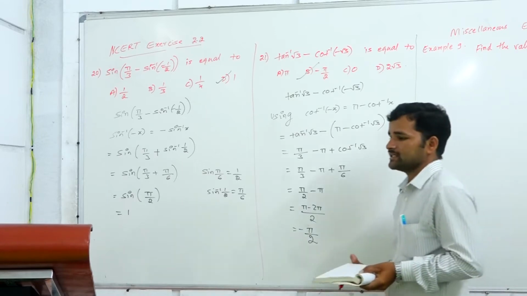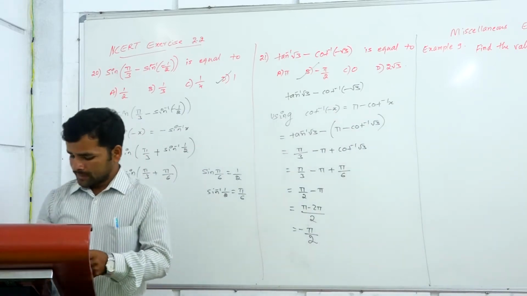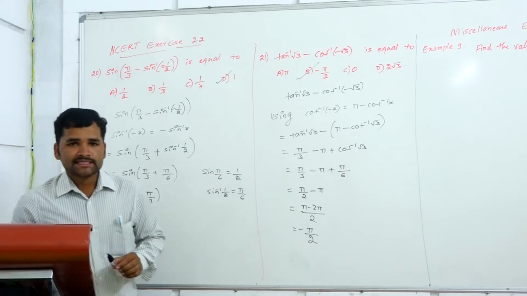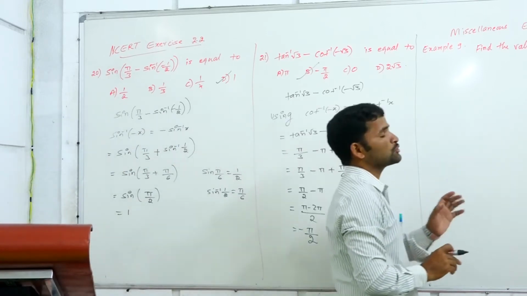This is from the miscellaneous examples. Example 9 is find the value of sine inverse of sine 3 pi by 5. See, while cancelling this sine and sine inverse, we have to go with the formula first.